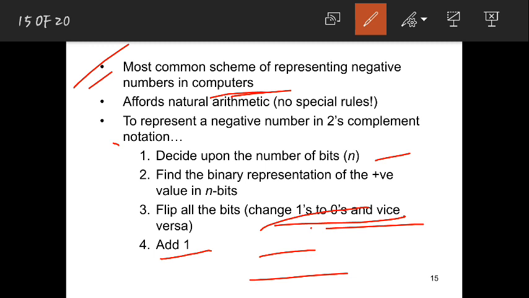And also for subtraction, instead of doing complicated procedures, we generally follow 2's complement. If you do direct subtraction, you will have two numbers with their number of bits, and if you have bigger bits, you can get confused with the borrow and all.